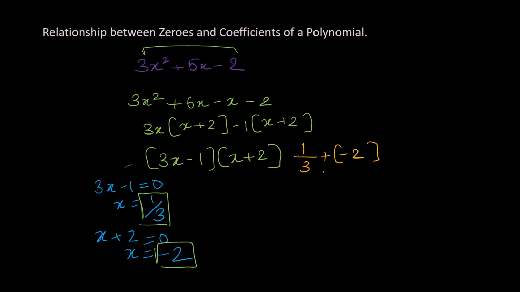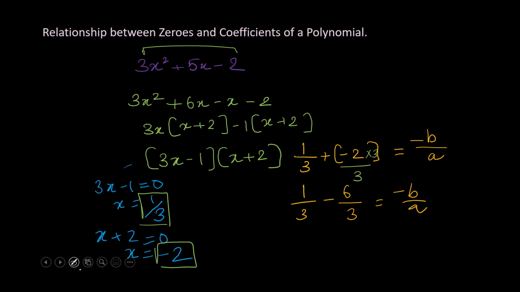Now we know that the sum of the zeros is minus the coefficient of x divided by the coefficient of x square. Add this, we'll get 1, and if we want a 3 here, we multiply this by 3. So we get 1 by 3 minus 2 threes are 6 by 3, which is equal to minus b by a.